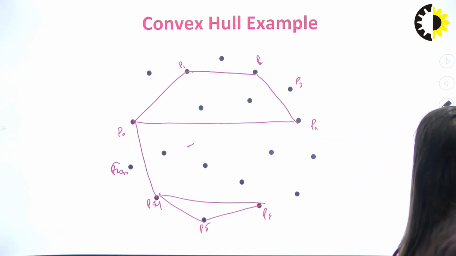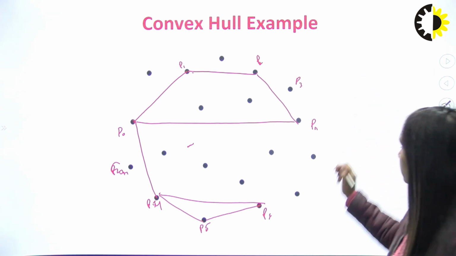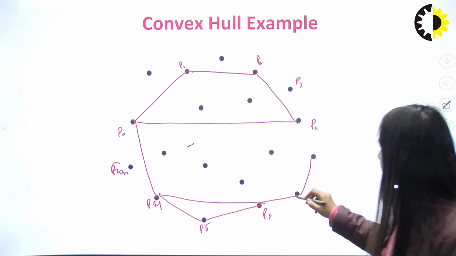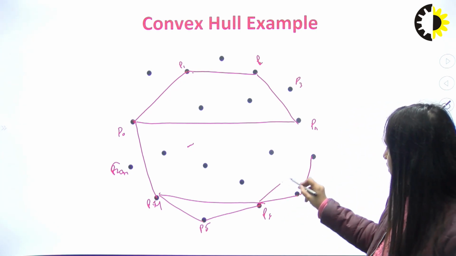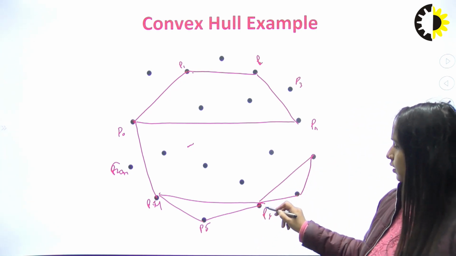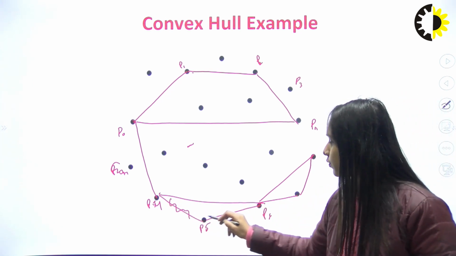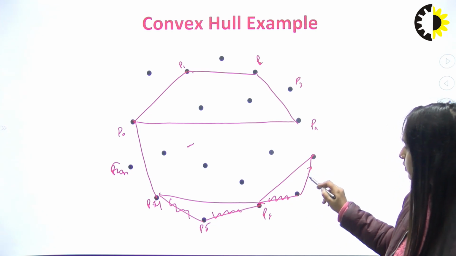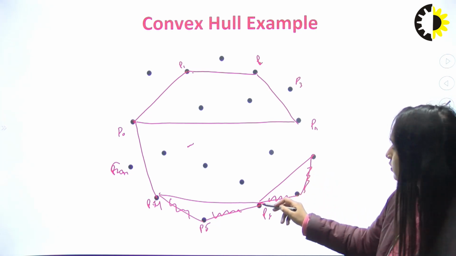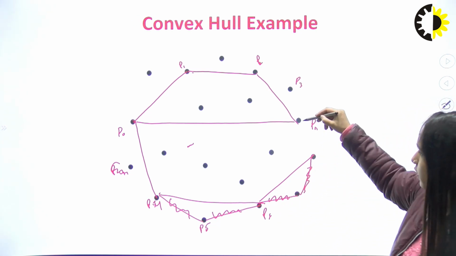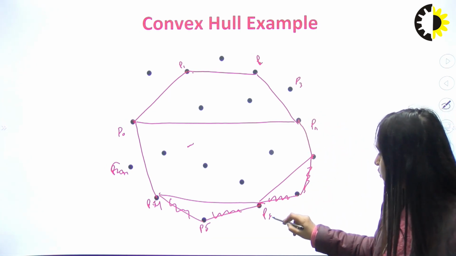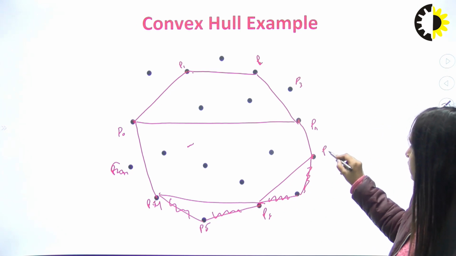Okay, fine. See, last, if you make it here, this is also a triangle condition. You have to cut this part and just take a single line here. In this way you connect P5, P6 and P7.